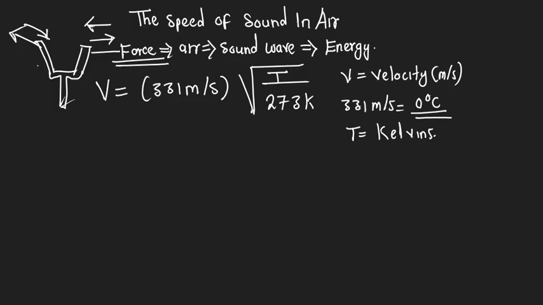They will give you that. Then of course this is a constant, 273, which is equivalent to 0 degrees, so we just put it in kelvins. It is very important for you to understand this formula. We shall be using it often.